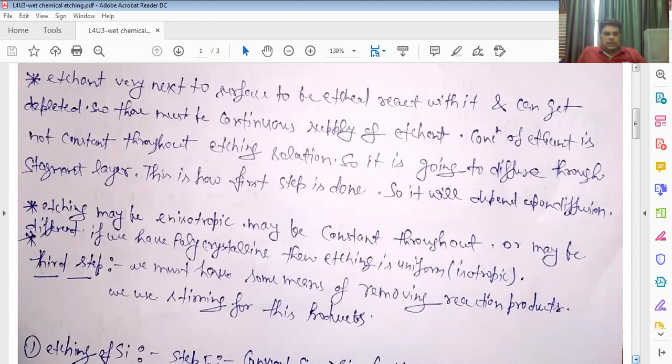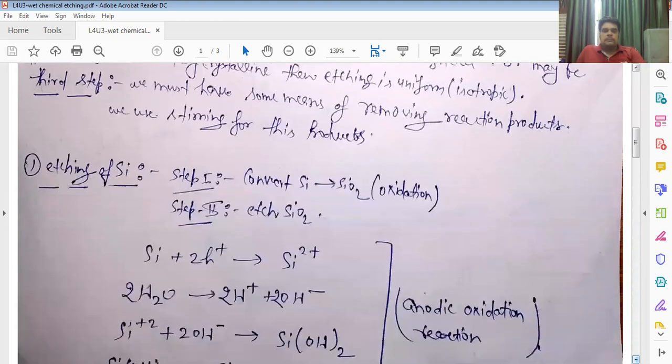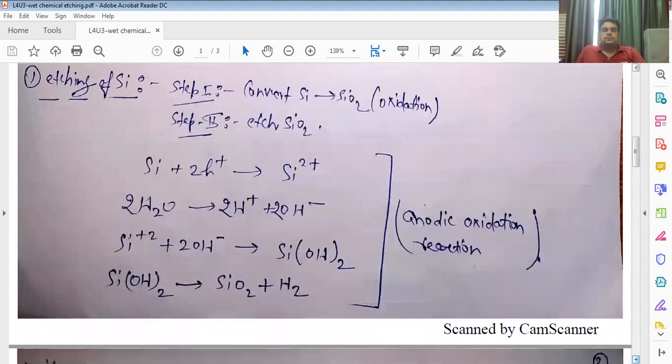Now the third step, we must have some means of removing reaction products. So we use basically a stirring process for this. Now there are certain important materials which are being etched. First is etching of silicon.